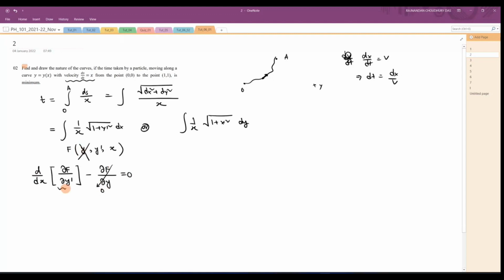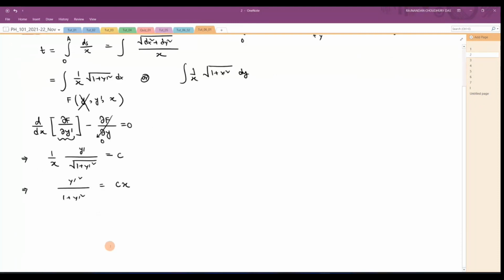That means this thing will become constant, and you can solve it after that. It will become (1 by x) times y prime divided by square root of 1 plus y prime square, equal to some constant c. That means y prime square by 1 plus y prime square will become c square x square.